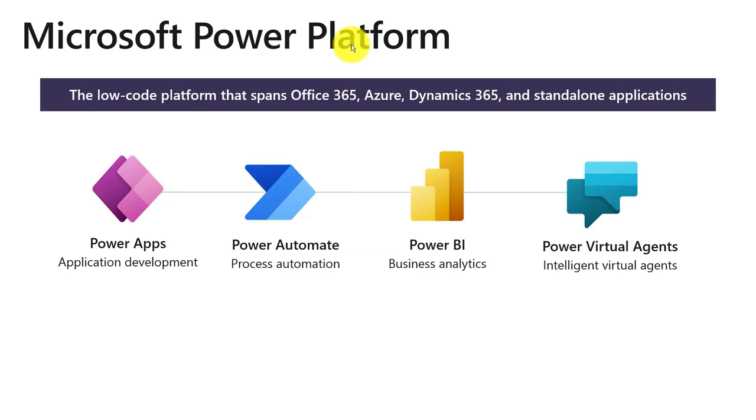The Power Platform consists of four main projects: Power Apps, Power Automate, Power BI, Power Virtual Agent. Its goal is to reach users without going back to the developer or data science.